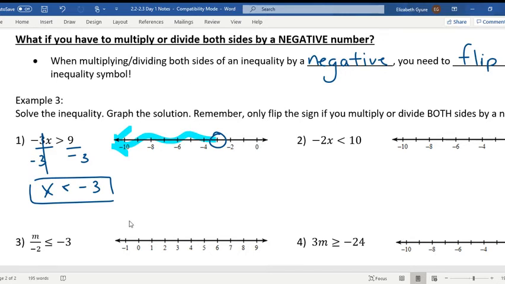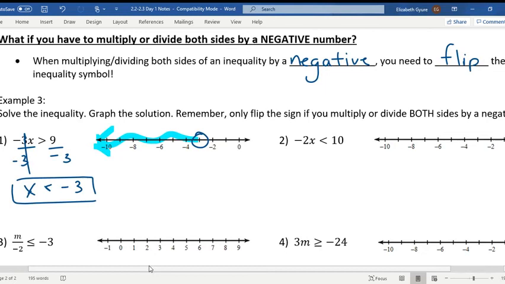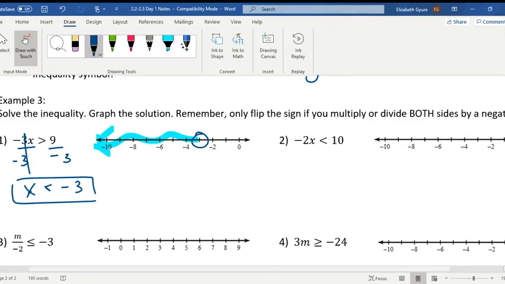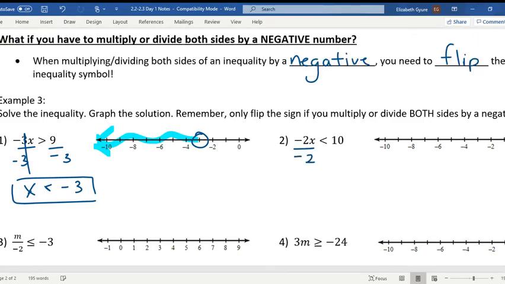All right, let's try that again. We writing this down over there, guys? Okay. Number 2, we have -2x is less than 10. So what opposite operation would I do to get rid of the -2 next to my x? Very good. We would divide both sides by -2.